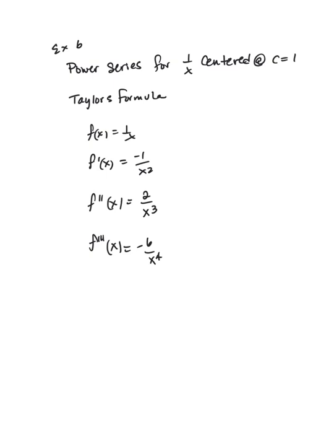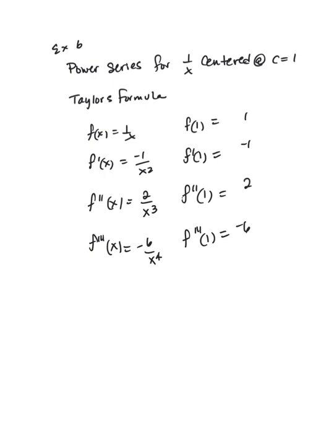Now we're centering this at 1. So we have f of 1, f prime of 1, f double prime of 1, f triple prime of 1. Okay, I'm looking to give the first 4 general terms. So I get 1, negative 1, 2, negative 6.